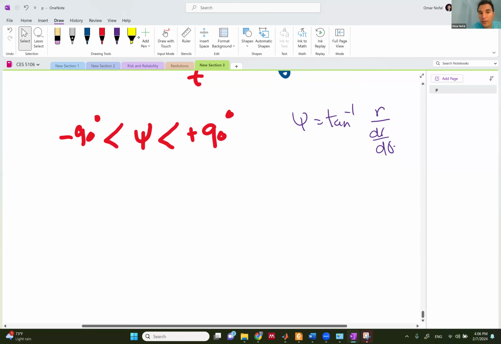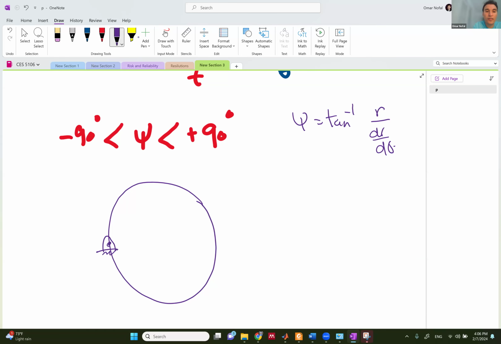There are different settings of the problem. Like there was one in the recording that I sent to you last time, where you have a circular path and there's an arm like this, but the arm was making a 45 degree angle.